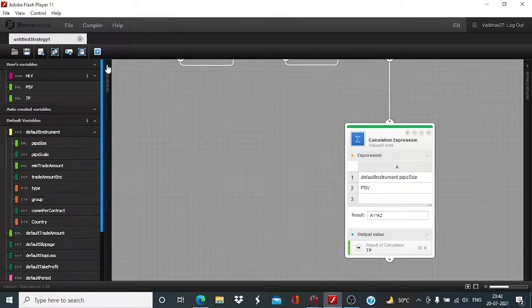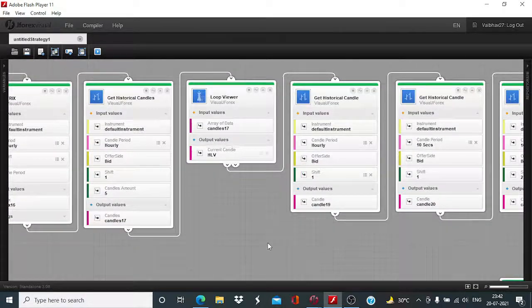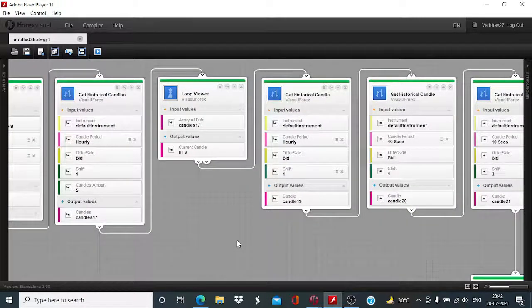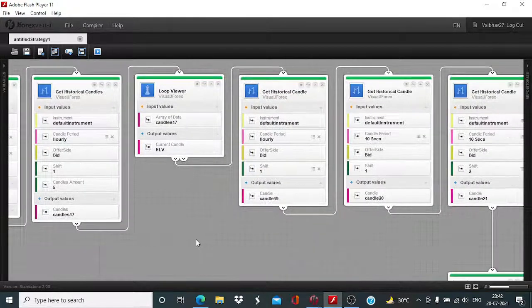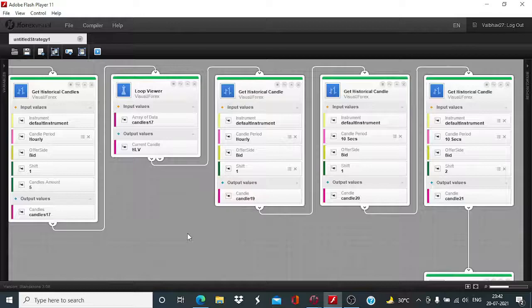Okay, so later on we will be considering the HLVs, high and low, and what we will do, we will also be considering the difference between the last tick price and the low price when we are looking for a buy trade, and when we are looking for a sell trade we will consider the difference between the last tick price and the candle high, the HLV's high, and in both these instances we will take the difference and take the half of it, and we will subtract it or add it depending on the requirement.